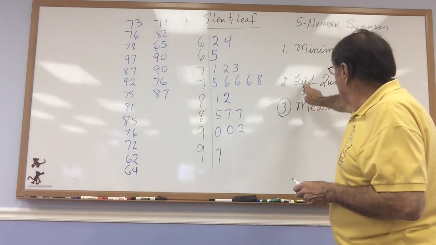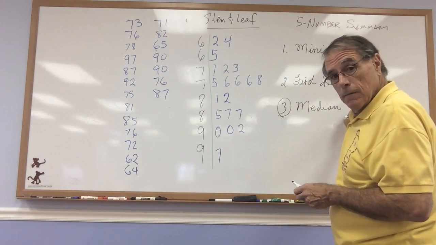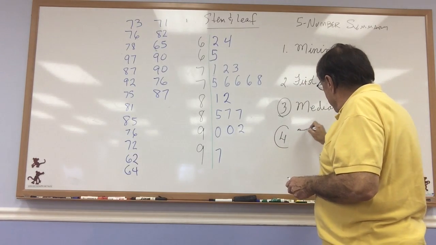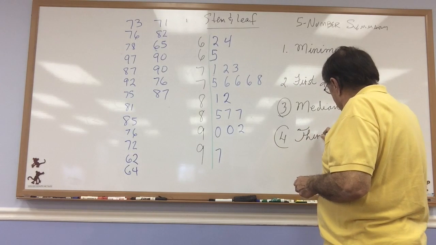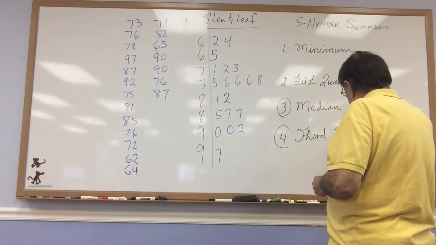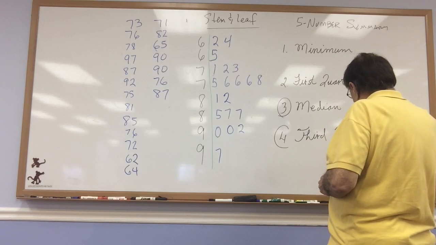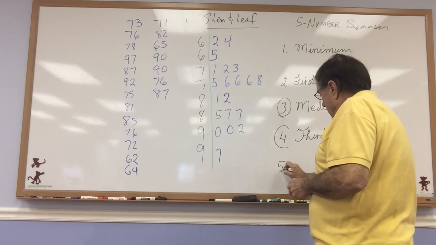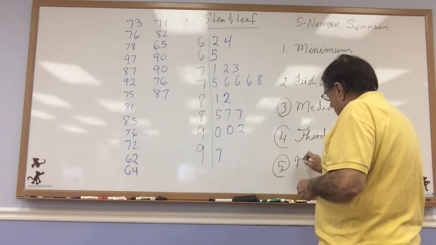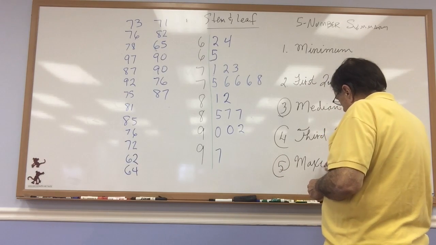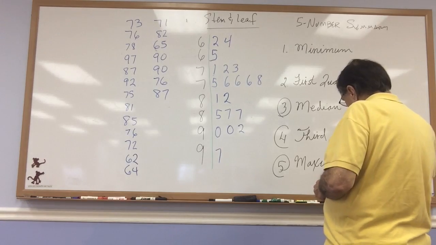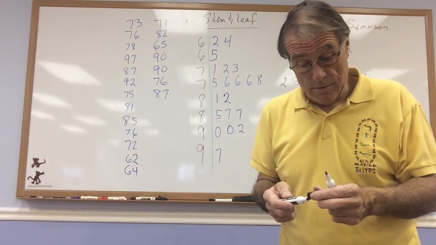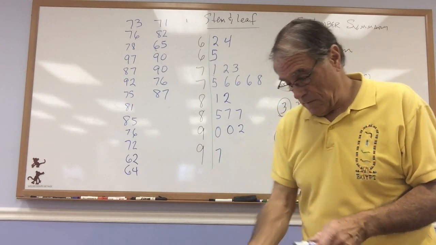The median is also the second quartile. The fourth would be the third quartile, which we'll label Q3, and the fifth is the maximum. So let's find these 5 numbers for our summary.